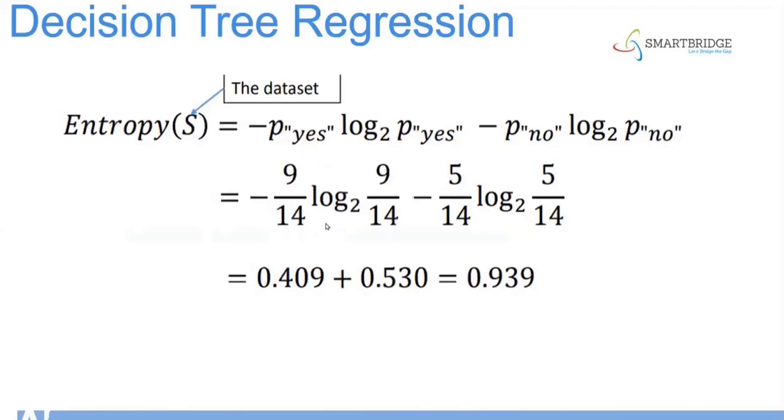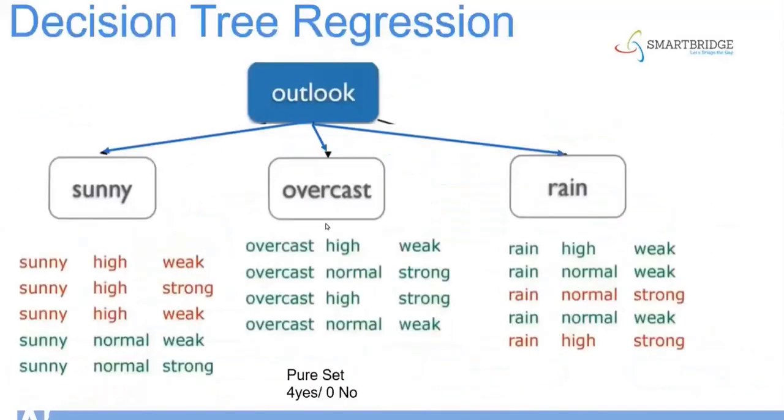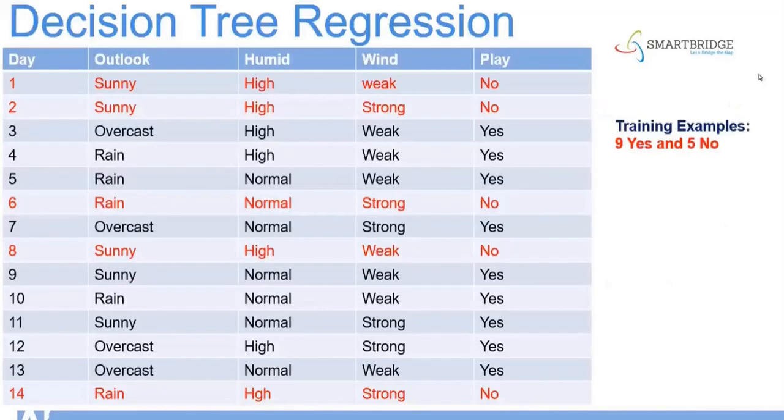If you go back to the data, I have 9 yeses and 5 no's. So the probability of yes will be 9 by 14. I hope everyone is familiar with probability, right?